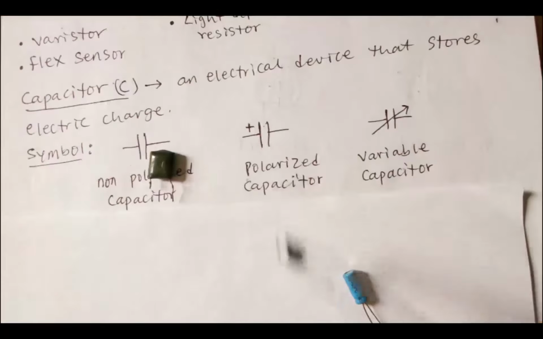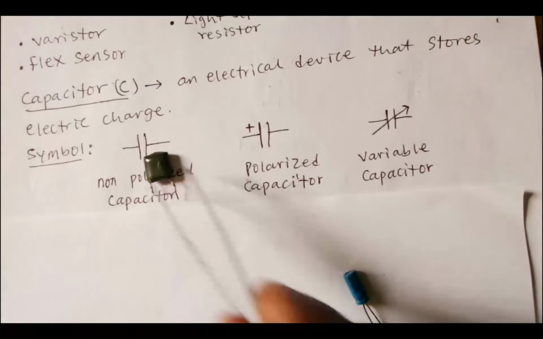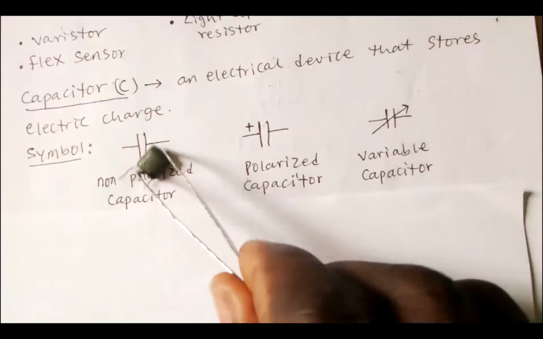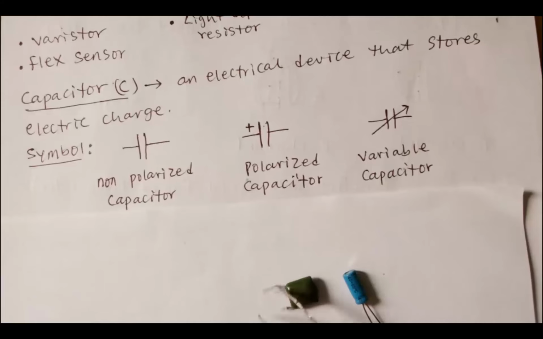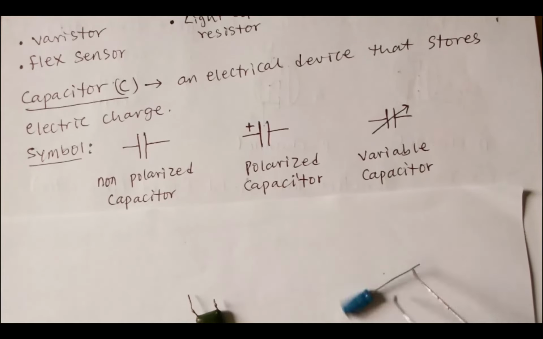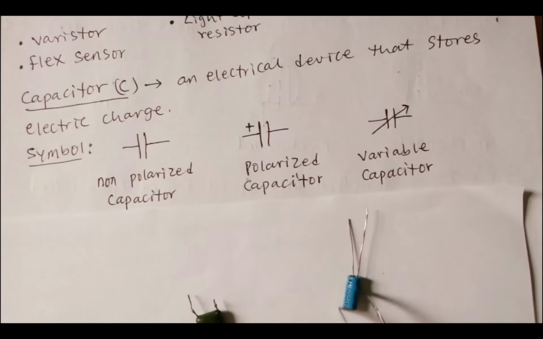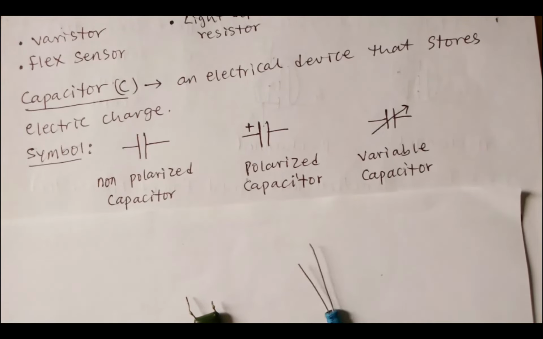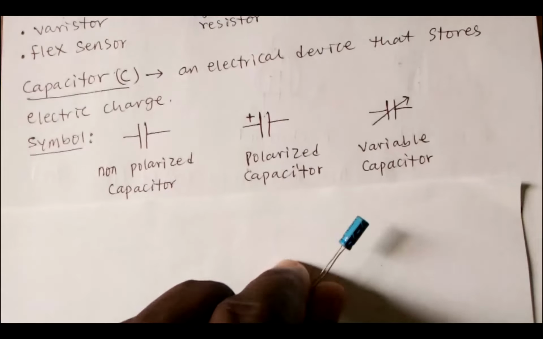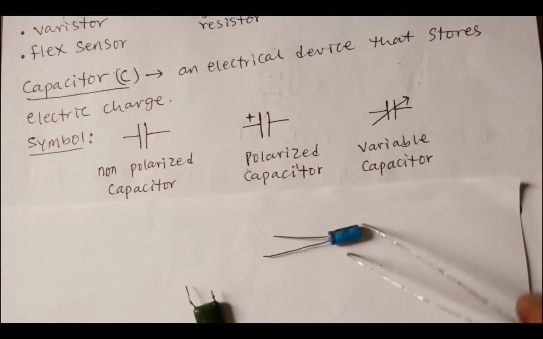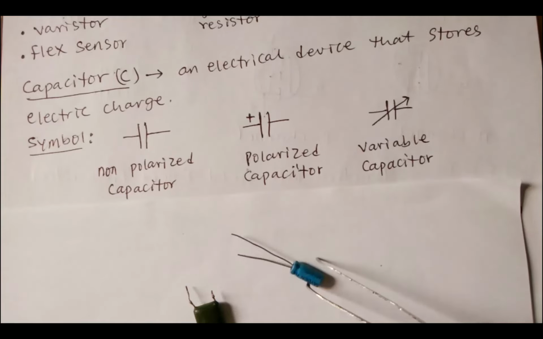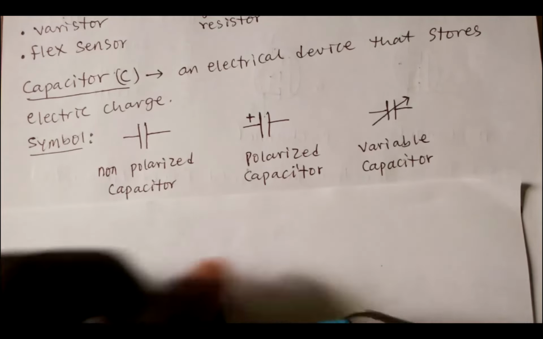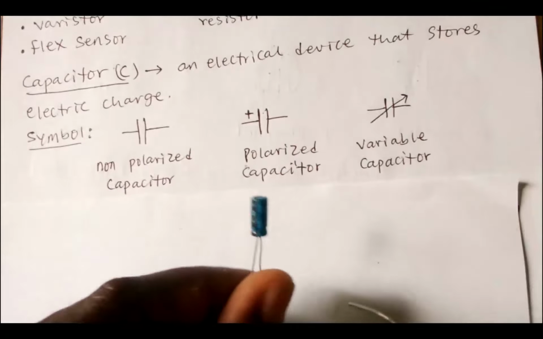You understand? This is non-polarized in the sense that you can connect it either way. Then this one is polarized. You cannot connect it anyhow. It has positive and negative. So if you look at the capacitor very well, you see this black stripe, a mark on it.